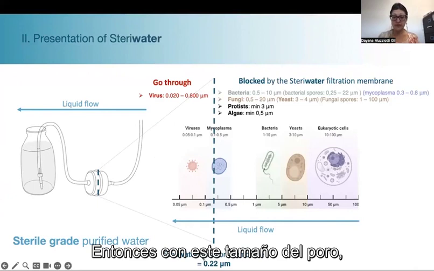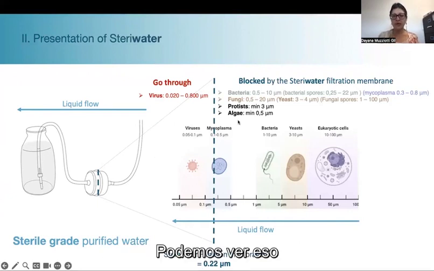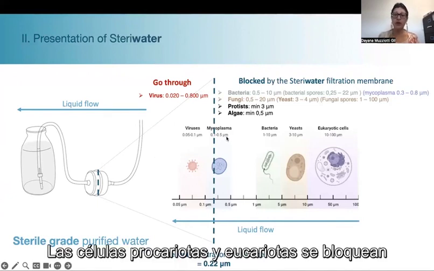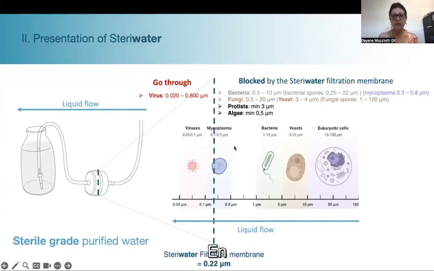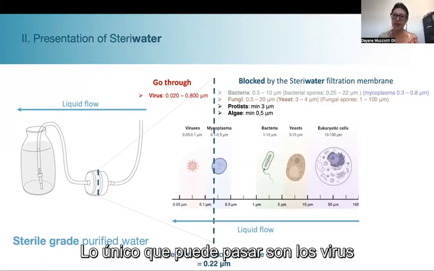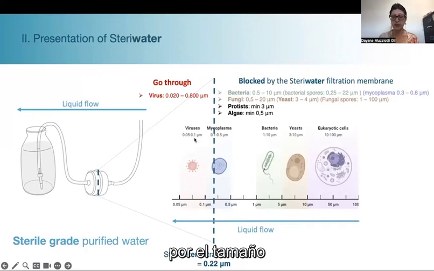With this pore size, prokaryotic and eukaryotic cells get blocked by the filter. The only thing that might pass through are viruses because of their size.